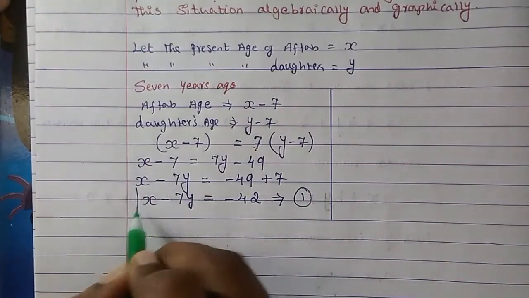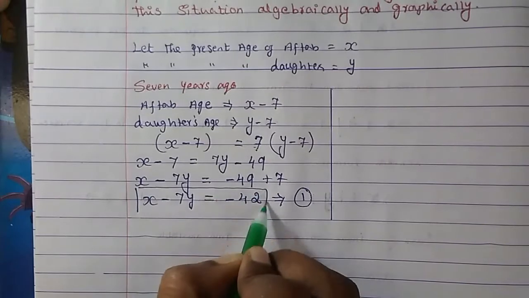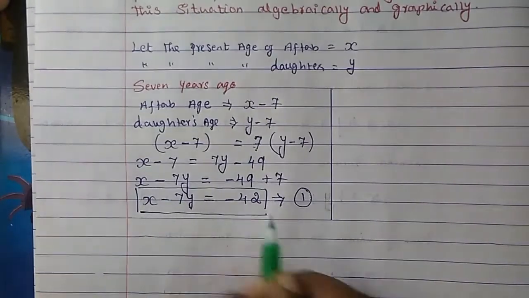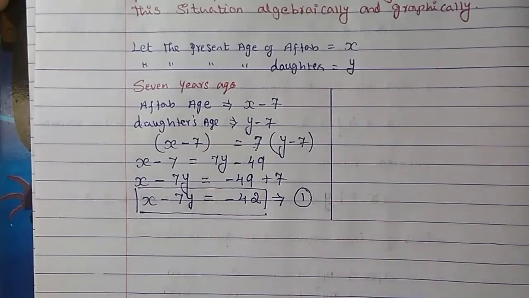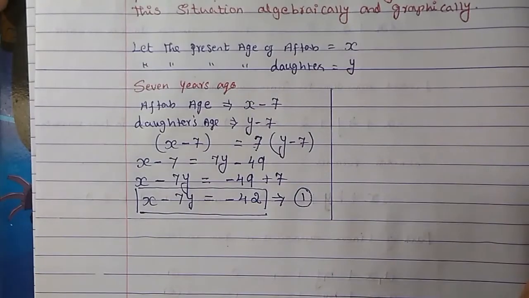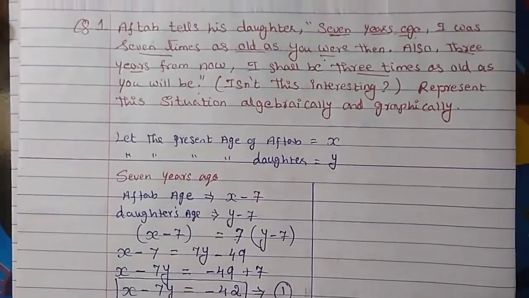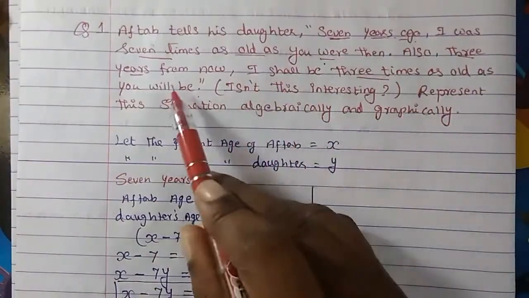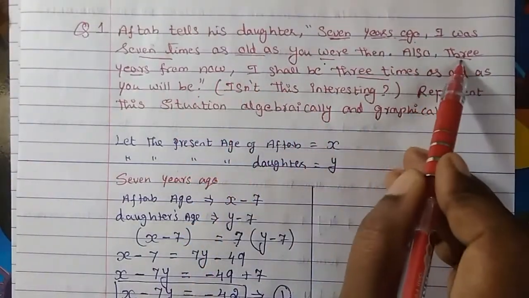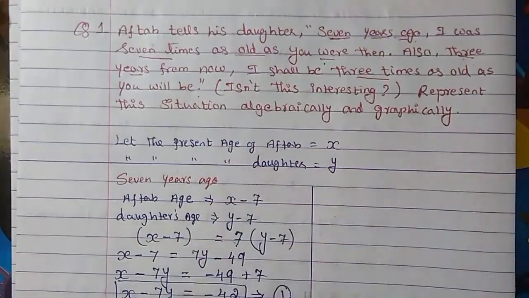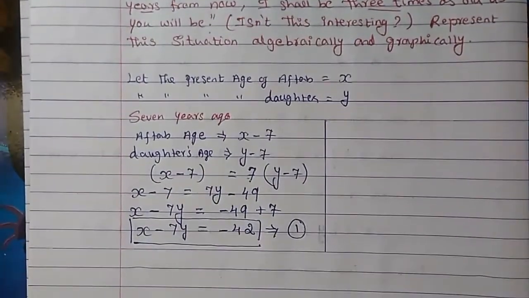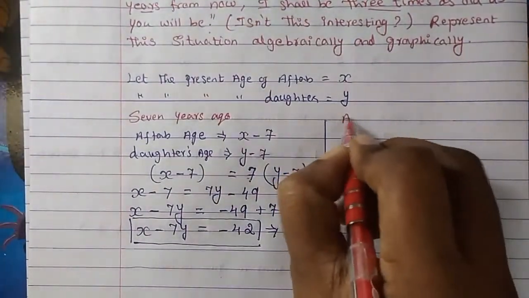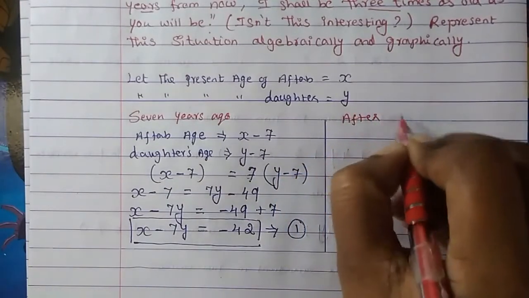Okay. So we have made one equation now. That is 7 years ago. So now after 3 years, because the question is what? 7 years ago we finished. Now after 3 years, or 3 years from now. From now 3 years means after 3 years. Future it is, right?